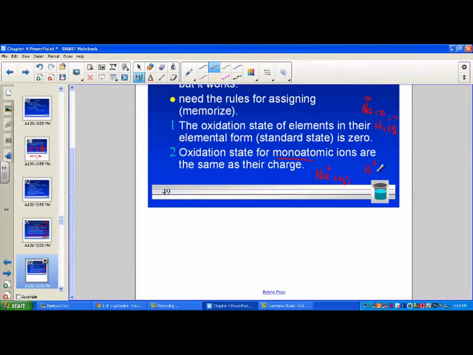Hydrogen ion has an oxidation state of +1. Molecular hydrogen, oxidation state of 0. Hydrogen ion, oxidation state of +1. Chloride ion, oxidation state of -1, and so forth. So the oxidation state for the ions, as we find them on the periodic table and deduce their charge, match their oxidation number.